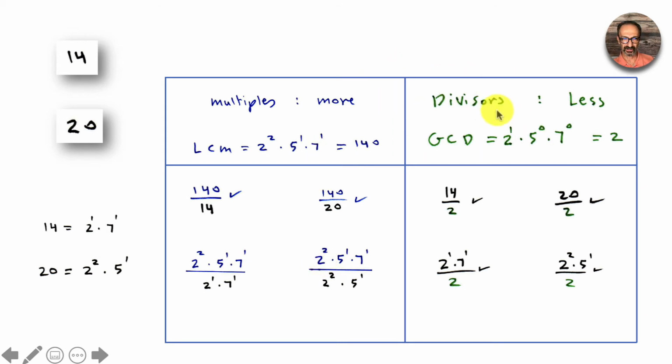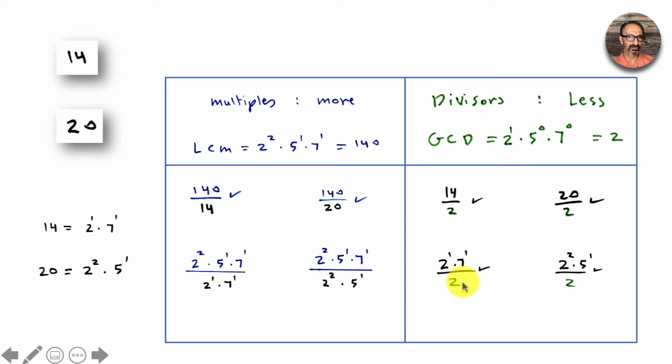Now looking at the divisors, the greatest common divisor is 2, by going for less exponents, alright? 14 divides by 2 and 20 divides by 2, check, yes. Looking at it as prime powers, look, I have to have the 2 to divide by 2. I can't have the 5 here. It doesn't work.